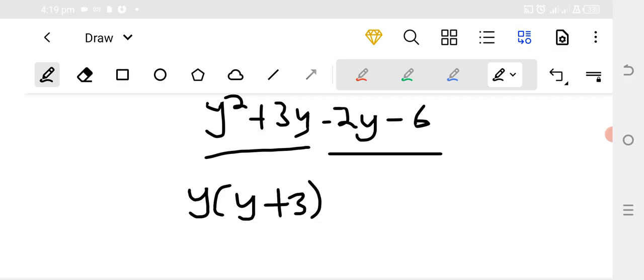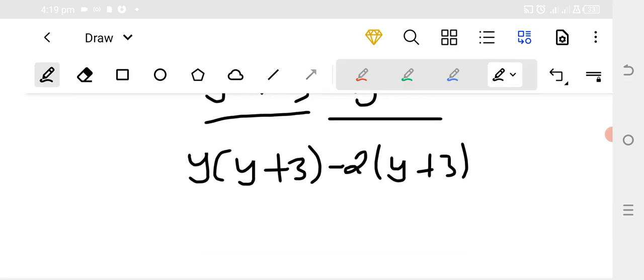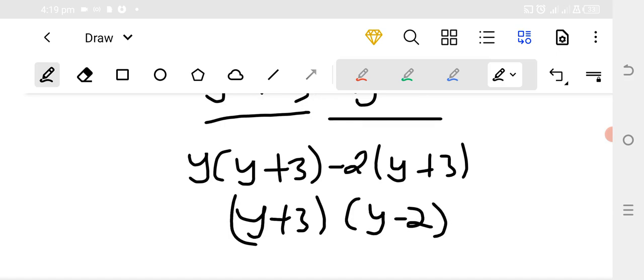And what is common between the last two is a negative 2, be specific, negative 2. Because negative 2 into negative 2y gives you a y, and into negative 6 gives you a positive 3. If you factor that nicely, it's going to be y plus 3 multiplied by y minus 2.